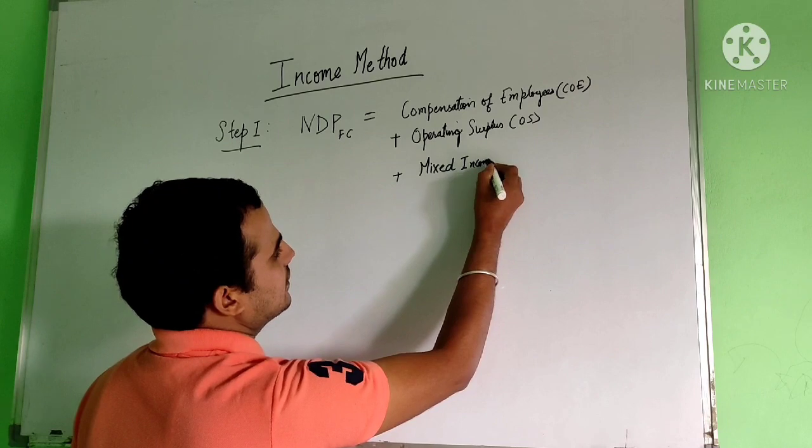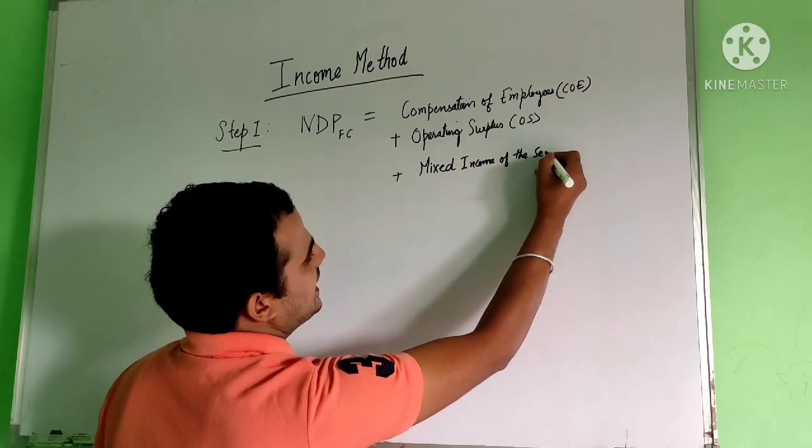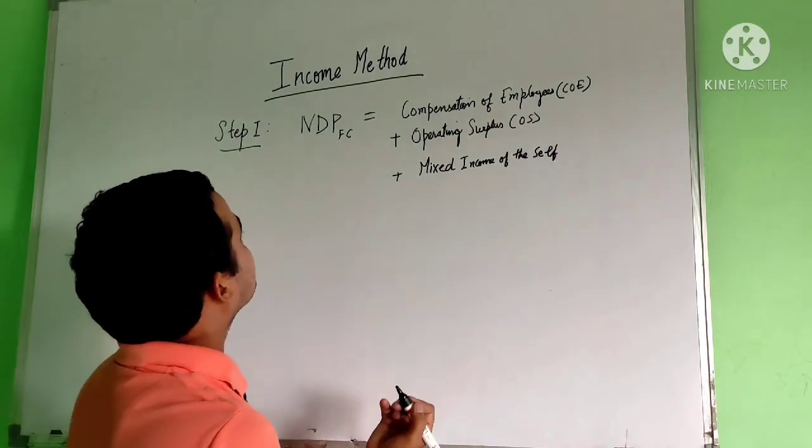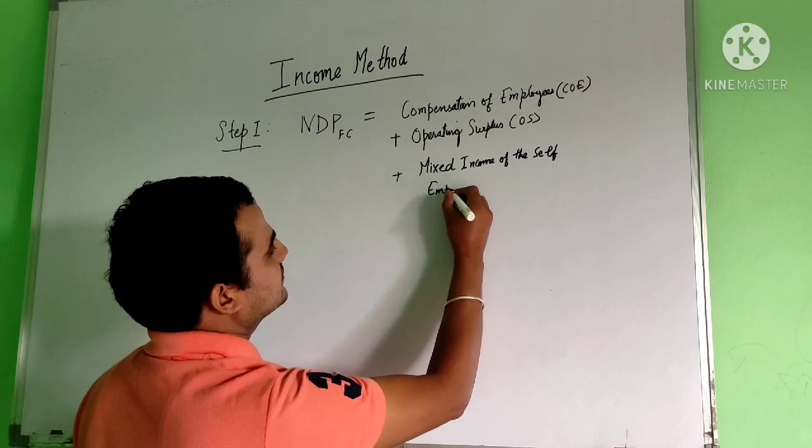Now these are the three variables which we add to reach at national income.